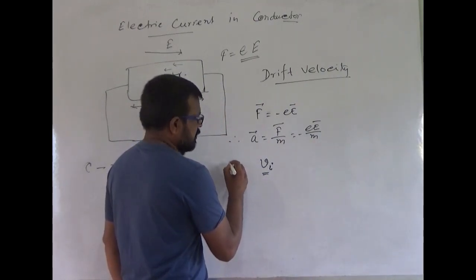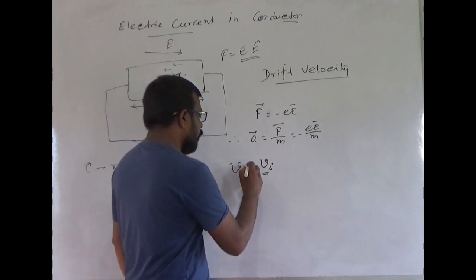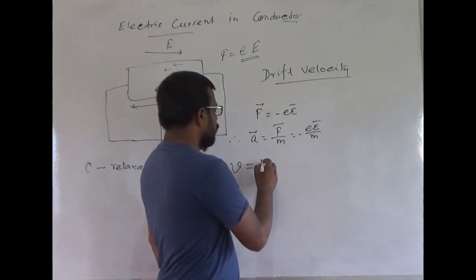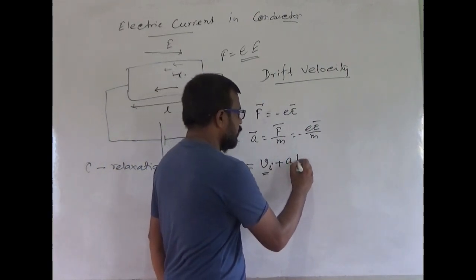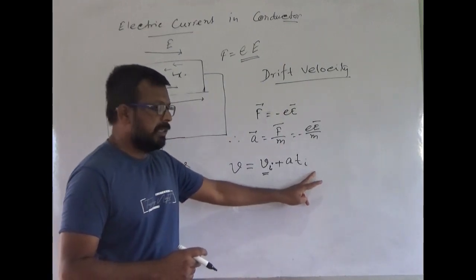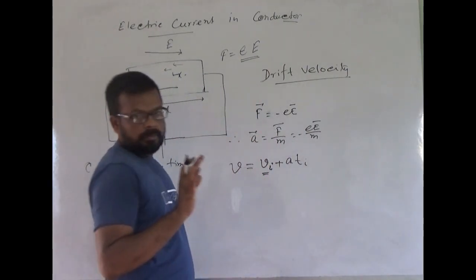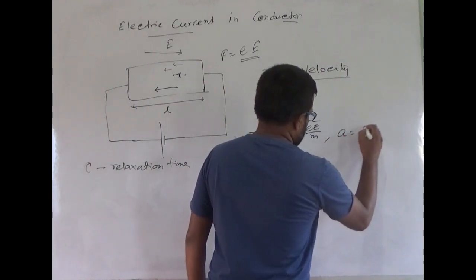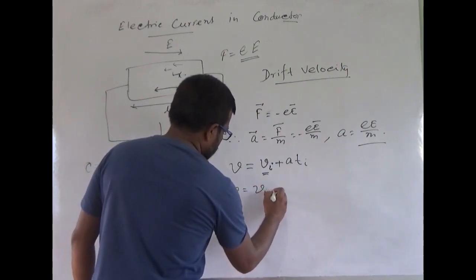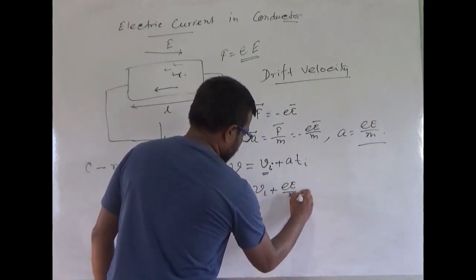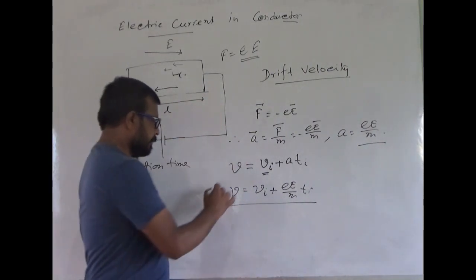So after time interval Ti, the velocity of that free electron will be V equals Vi plus a, that is acceleration, into Ti. Now we are just taking the magnitudes, so acceleration is eE by m. Therefore V equals Vi plus eE by m into Ti. This is for the ith free electron.